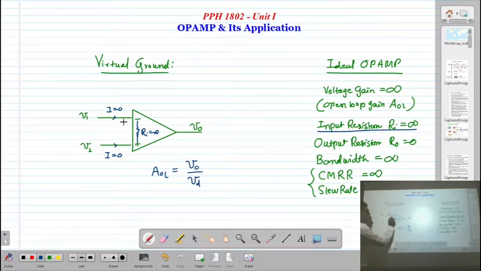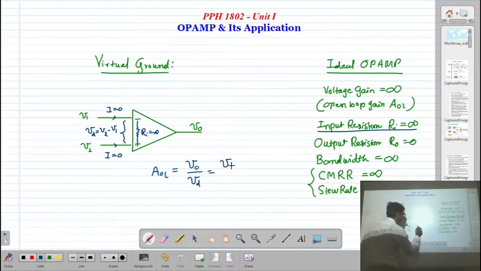Whatever the difference of these voltages is, that VD is nothing but V2 minus V1. I already mentioned that the op-amp is not amplifying V1, it is not amplifying V2, but it is amplifying the difference between the two voltages.